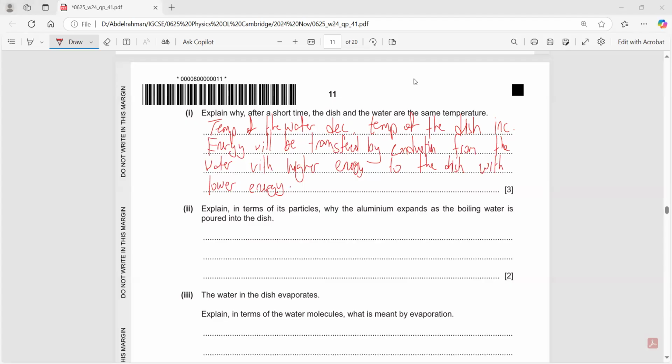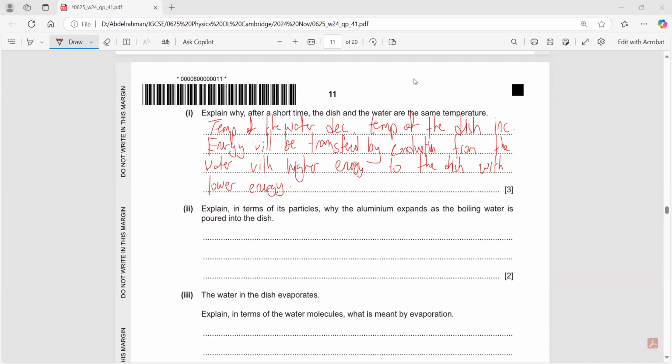Explain in terms of its particles why the aluminum expands as the boiling water is poured into the dish. Does it expand that much? No, but it does expand. Yes, thermal expansion. During thermal expansion, does the volume of each molecule increase? No. The volume of the molecules themselves does not increase.